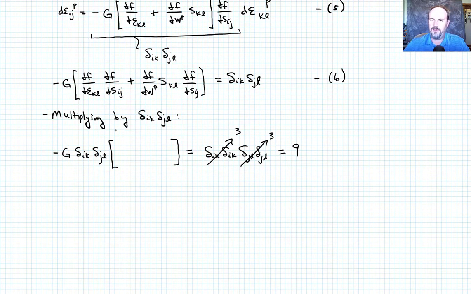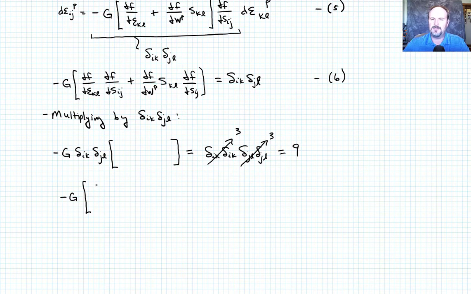Now let's go ahead and think through this other side. I still have my negative g here. But now as I look inside, I'm going to change my k to an i, or my i to a k. I'm going to change my i to a k, but it's equivalent. It doesn't matter.